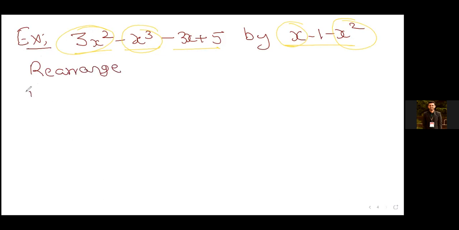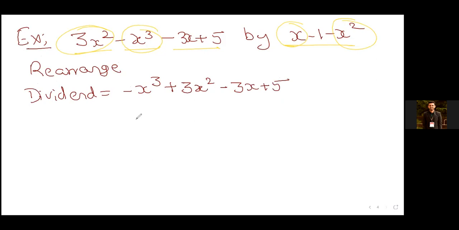Rearrange: the dividend can be written as minus x cube plus 3x square minus 3x plus 5, and the divisor can be written as minus x square plus x minus 1.